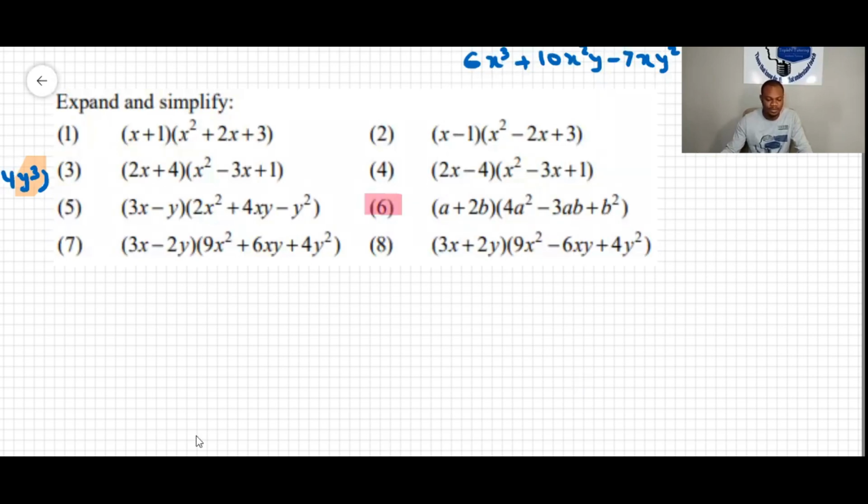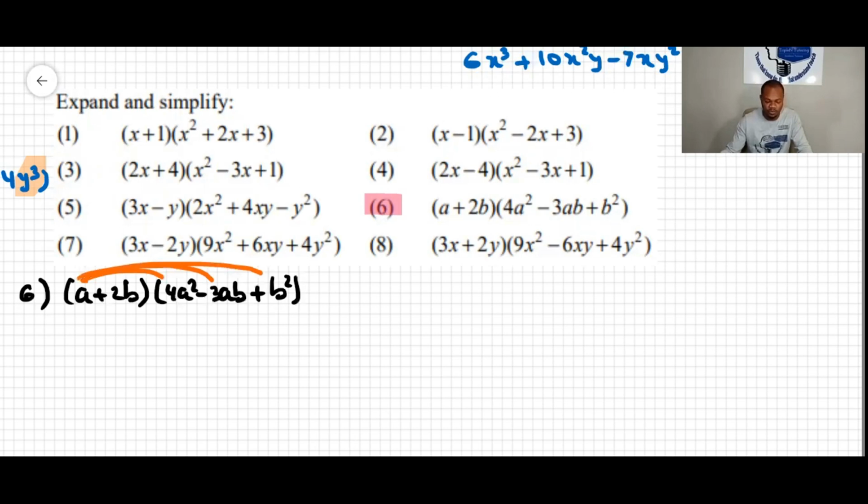So I'm going to write 6, which is a plus 2b, 4a squared minus 3ab plus b squared. So what we do in this situation, we do a times 4a squared, a times negative 3ab, a times b squared.